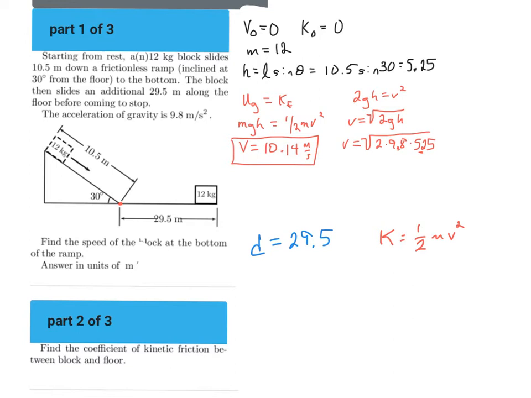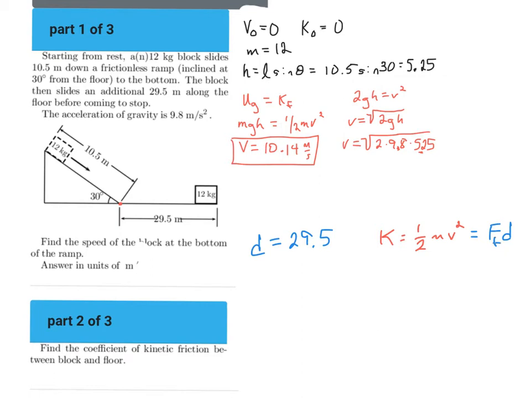Okay, now to get rid of that energy, we're going to have to do work. And the work is just going to be equal to our force times our displacement. Now, if I expand on that a little bit, the force that's causing the block to slide to a rest is the force of friction.